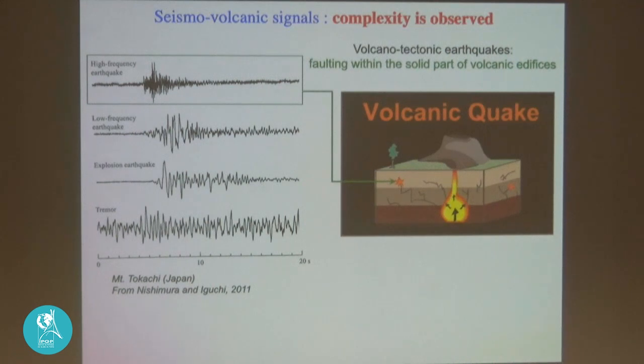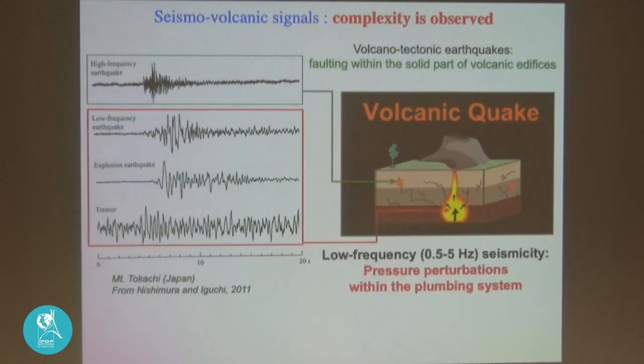So they're somehow similar to tectonic earthquakes. And then all other types of seismicity can be classified roughly as low-frequency seismicity. You can see the difference in frequency content. Again, it is believed that this seismicity is mainly caused by processes directly in the volcano plumbing system related to magma transport, fluid pressure perturbation, and so on.